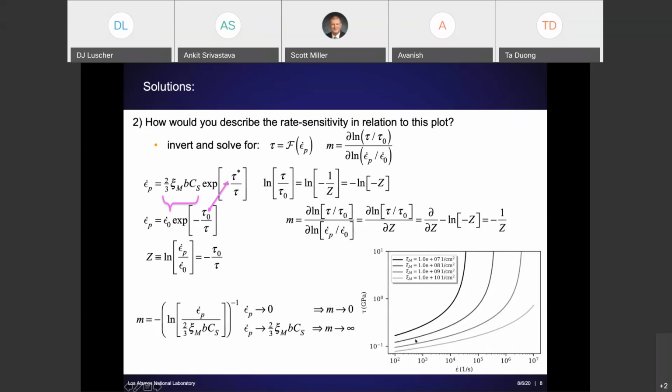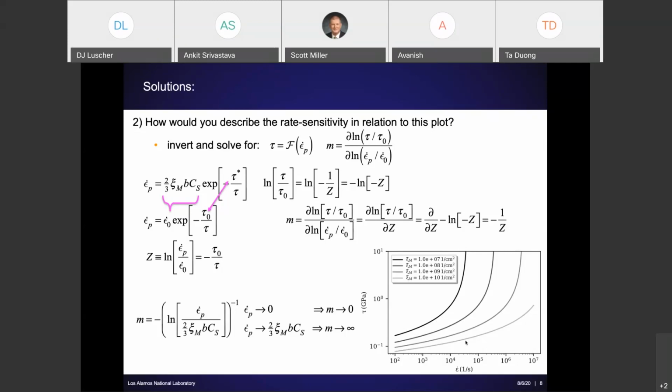And we also observe, so I'm plotting this now for 3 different values of the mobile dislocation density. If we increase the availability of mobile dislocations, we decrease the stress at all strain rates. Okay, that's an important point. As we increase the available mobile dislocation density at any strain rate, we will decrease the stress.